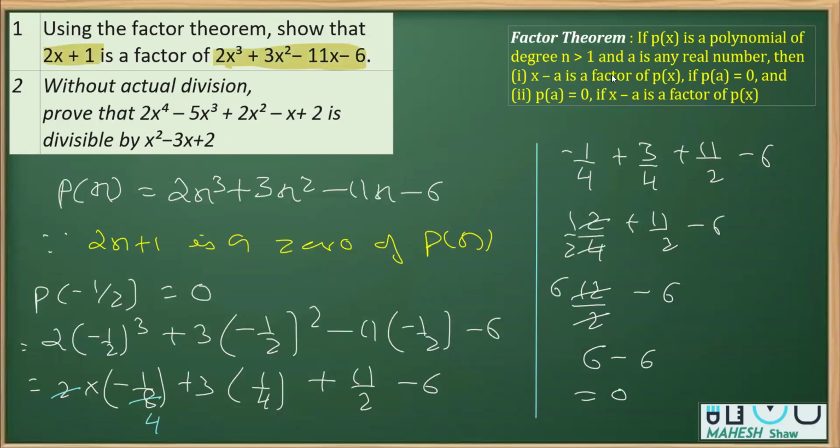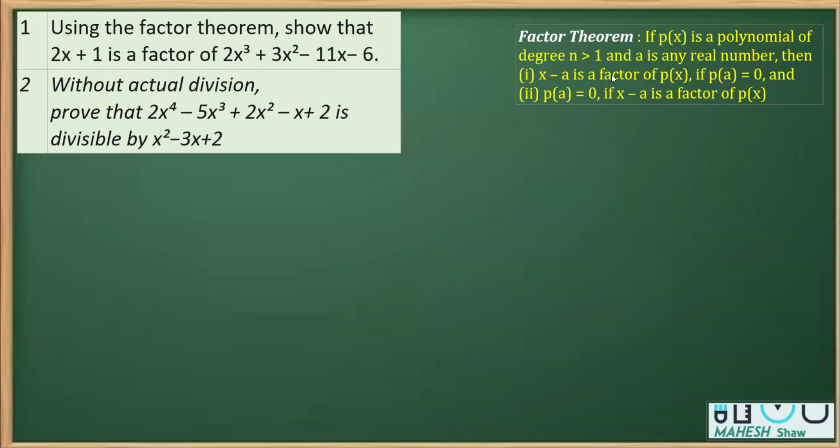Now let's see how we will do the second part in the same manner. In the second part, we have to prove without actual division that this is exactly divisible by x square minus 3x plus 2.